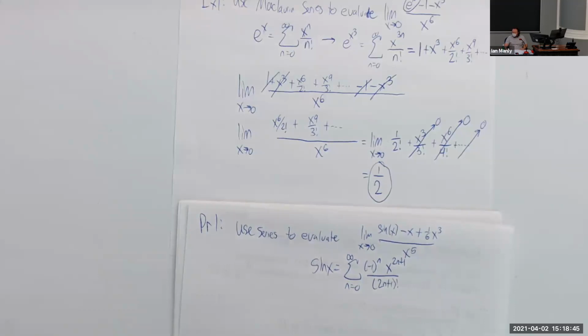All right, I'll give you another minute or two here, and then we'll go over. Do they have 1 over 120 as an option?